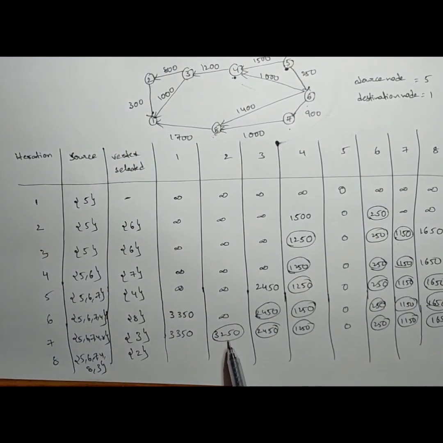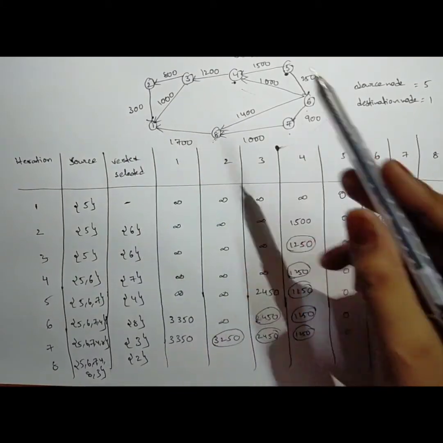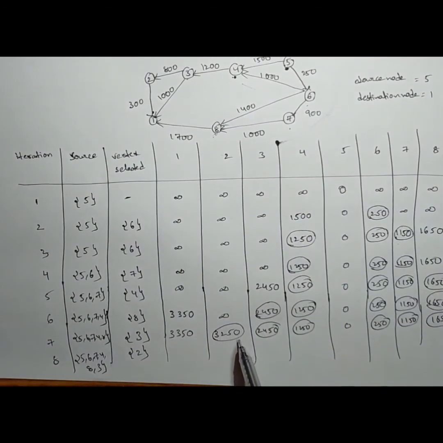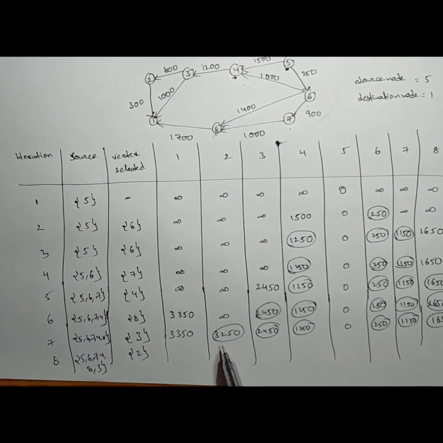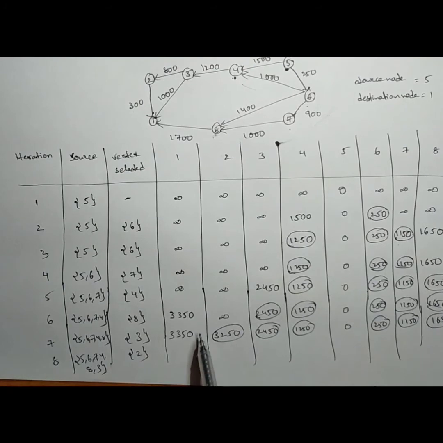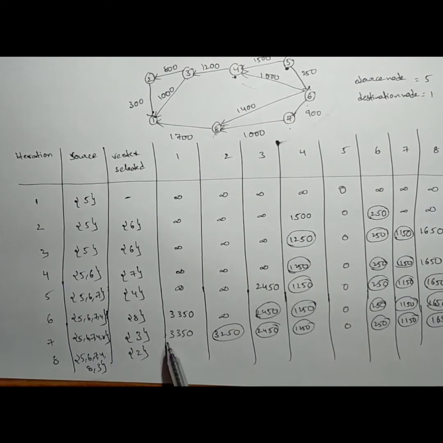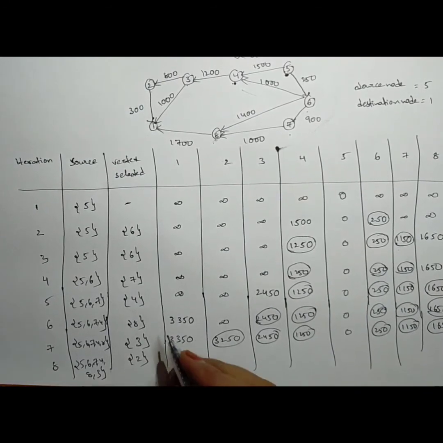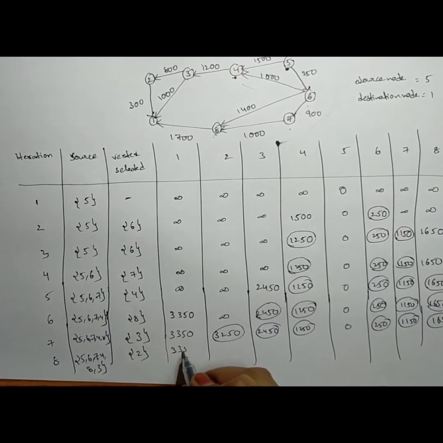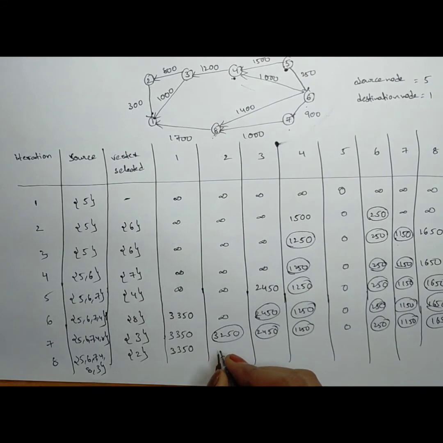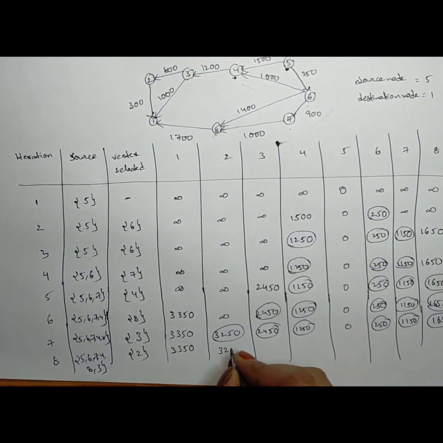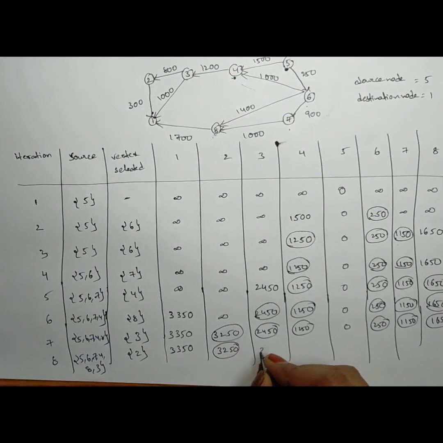To this value I am adding the distance 300. 3250 plus 300 is 3550. But in the vertex 1 we already have a value of 3350, which is smaller than 3550. So I am not changing this value, I am placing it as it is. As we have only one edge, the remaining distances of the vertices will remain as they are.